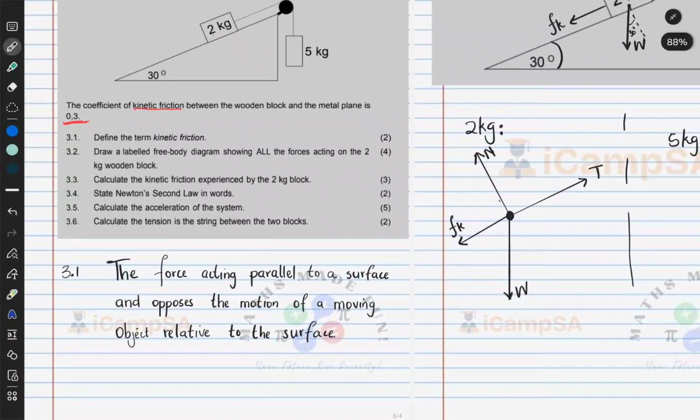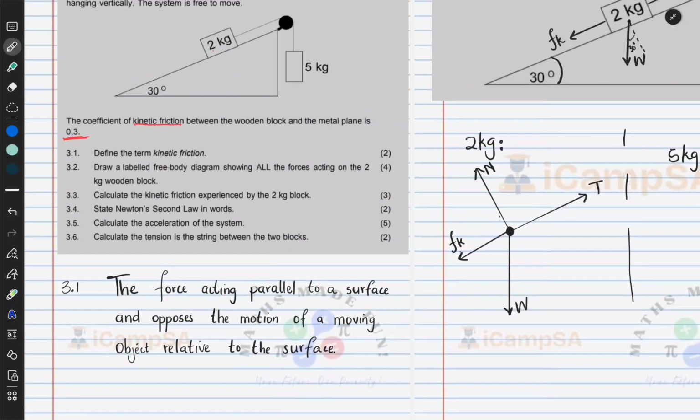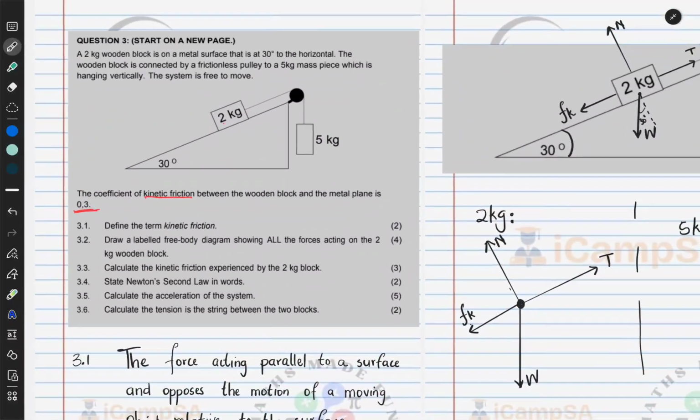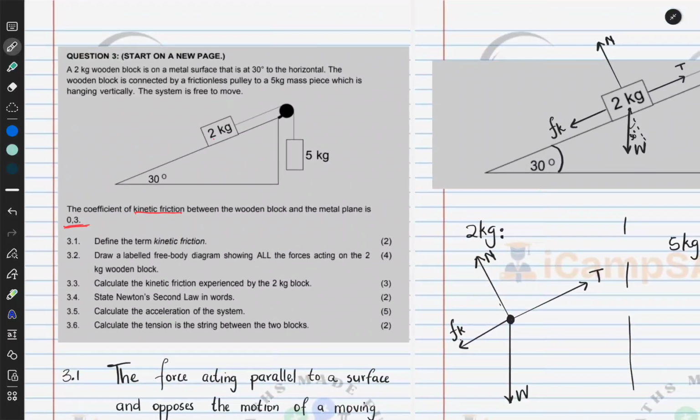Now for 3.2, we are asked to draw a labeled free body diagram showing all the forces acting on the 2 kilogram wooden block. Okay, we can just call this 3.2 then.